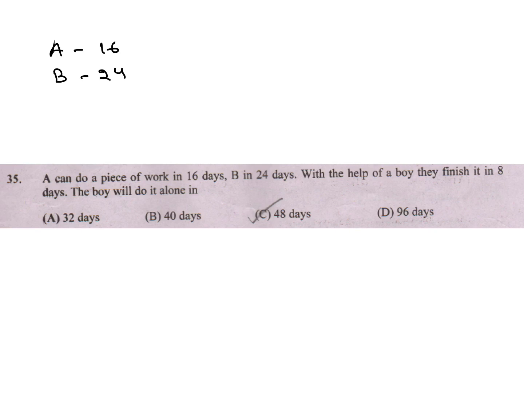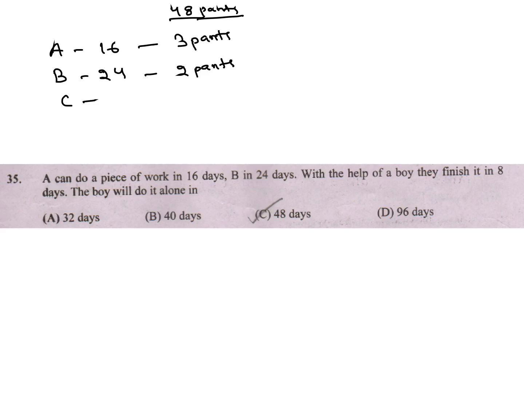The boy, let it be C. So take the LCM, 48 parts. 48 by 16, 3 parts. A can do 3 parts per day, and B can do 48 by 24, 2 parts per day.